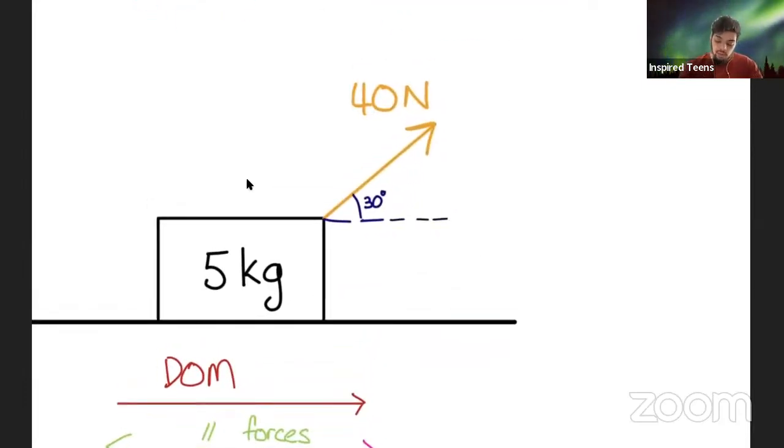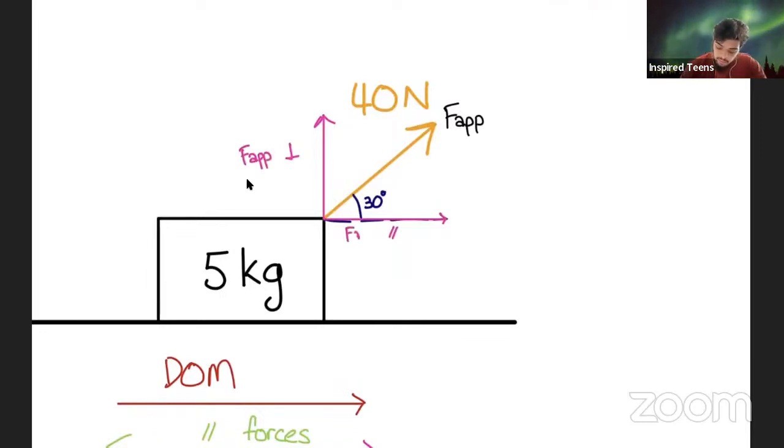So what we then do is this 40 Newton force, we separate it into its two components. This is the perpendicular version of the force, and this here would be the parallel version of this force. If this is an applied force, this would be the perpendicular applied force, and this would be the parallel applied force.